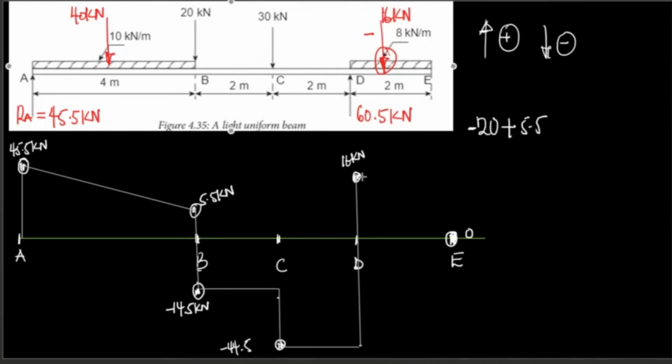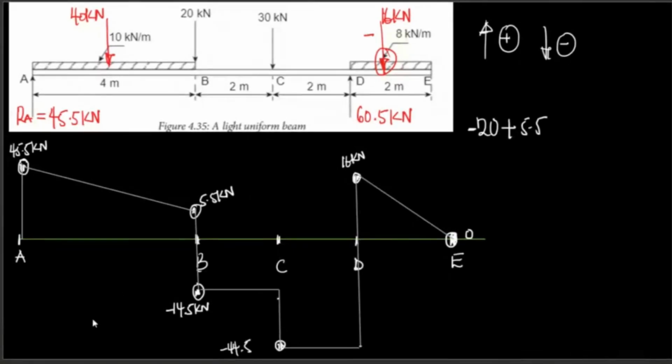And then you draw the last one there, which is the one that represents the UDL to E. I'm just going to give you some minutes just to draw. So this is your shear force diagram. Any questions?